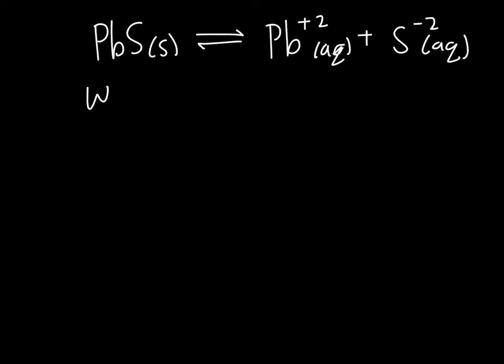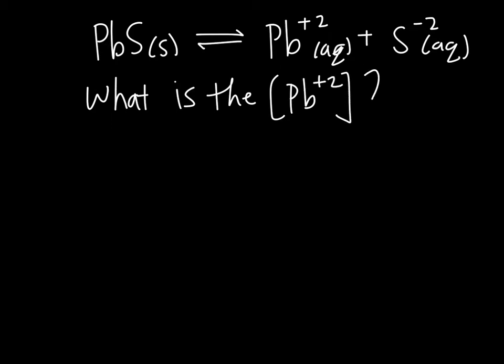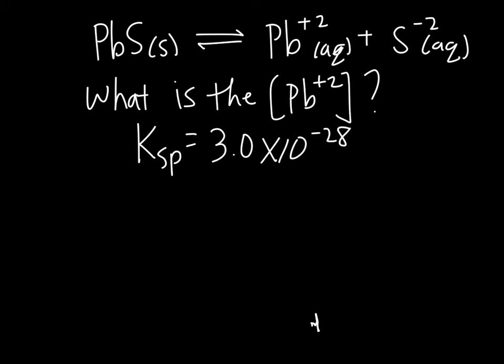What is the concentration of the lead ion? Let me give you the Ksp value for PbS. The Ksp value for PbS is 3 times 10 to the negative 28.